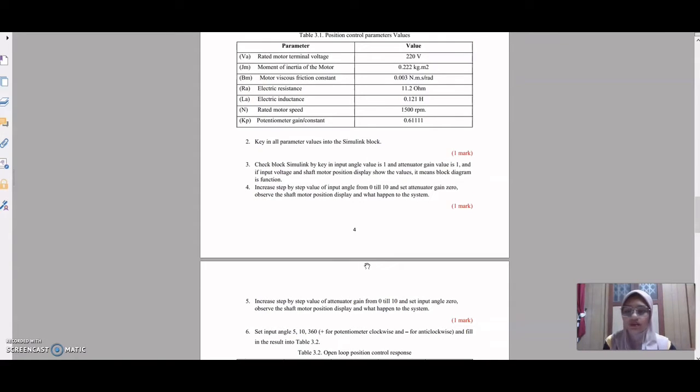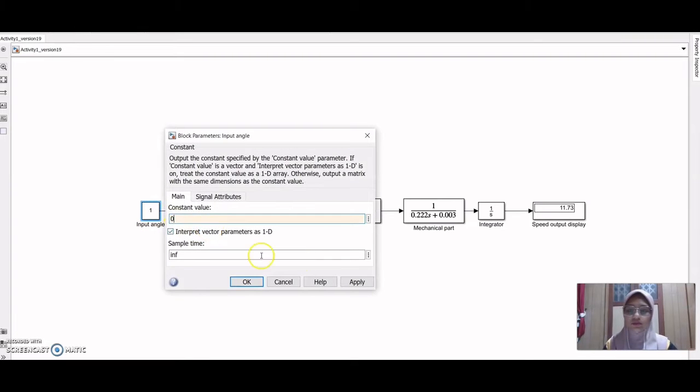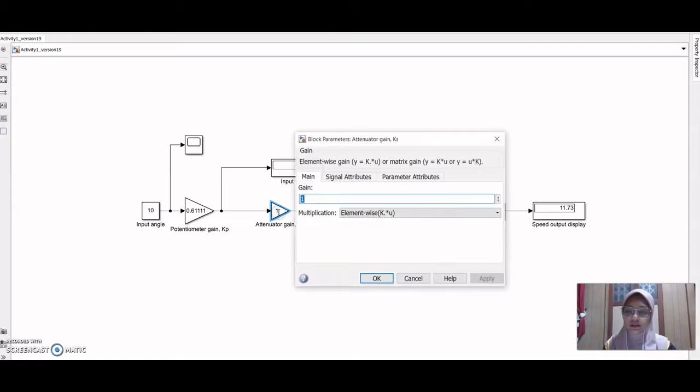So for step 4, increase step by step the value of input angle from 0 till 10 and set attenuator gain 0. Observe the shaft motor position display and what happened to the system. Okay, for the next step, I have to key in the input angle from 0 to 10, and also the attenuator gain to 0.